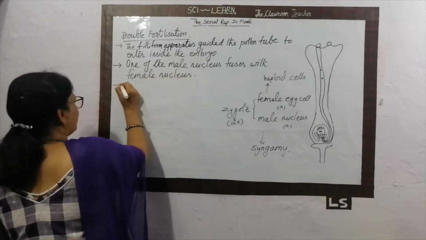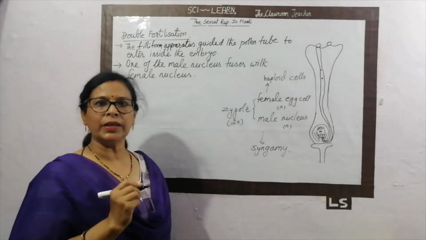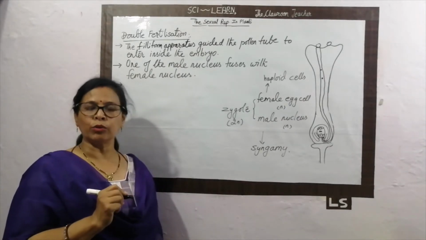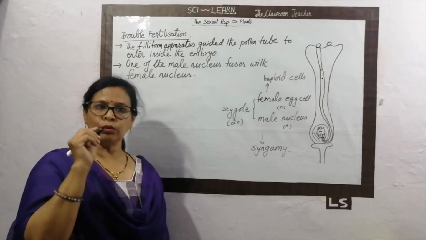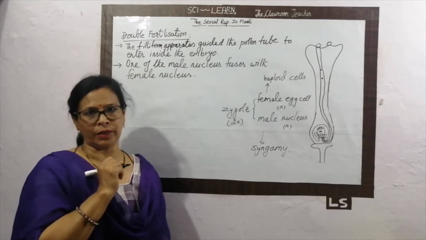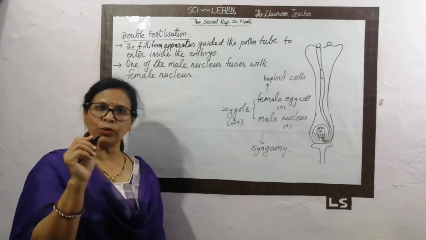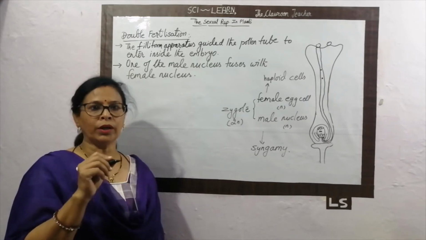As we know, the male nucleus contains a haploid number of chromosomes. The female nucleus also contains a haploid number of chromosomes. So two haploid nuclei combine together to form a diploid nucleus.